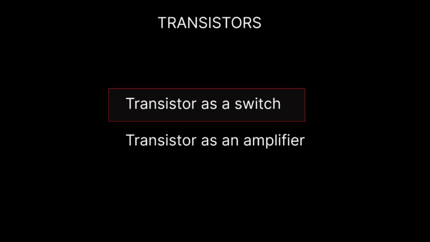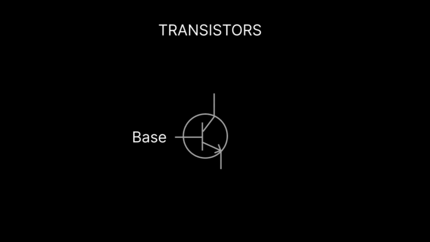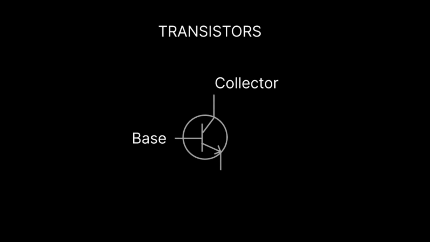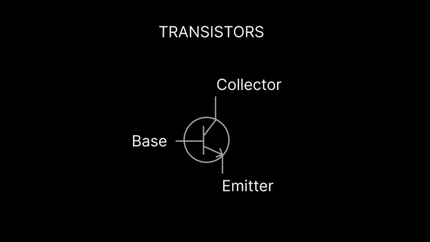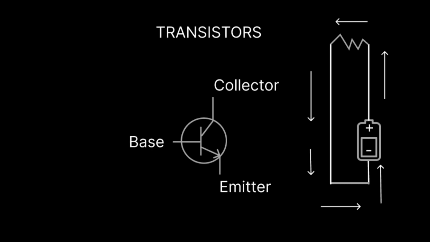It has 3 parts: the base, which acts as the control. Then there's the collector, which is the part where the current comes in, and the emitter, where the current goes out. Note that we'll be using the conventional flow of current, which flows from the positive to the negative terminal or ground. So how does it work?